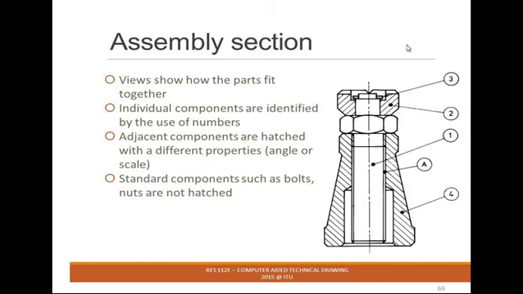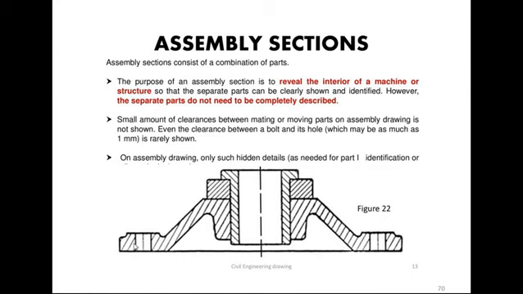Here one more example is given for assembly. If you observe, there are 3 components present. This is 1, this is 2, and this is 3. You can see that we have used 3 types of hatching pattern here: this is one pattern, this is the second pattern, and this is the third pattern.